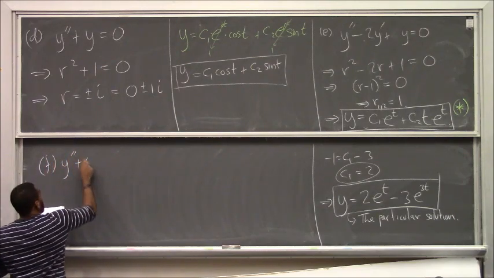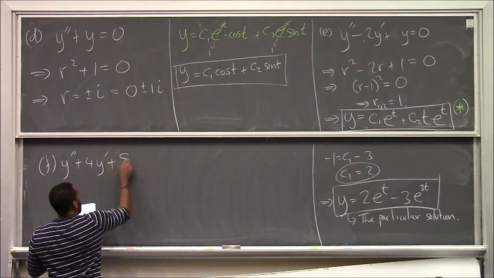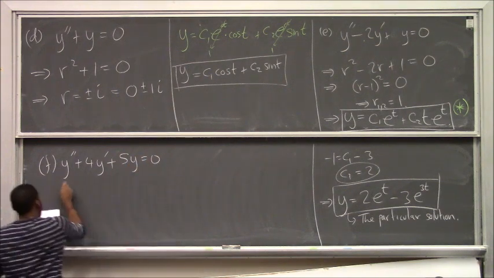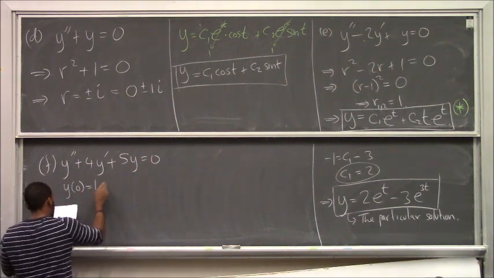Y double prime plus 4y prime plus 5y equals 0. And we again have initial conditions here.